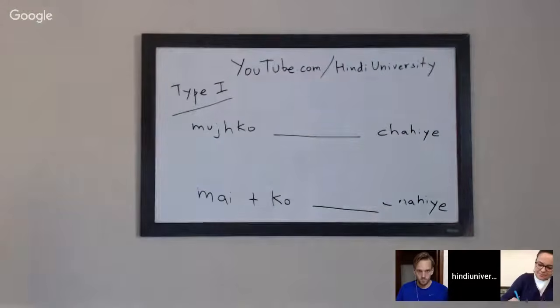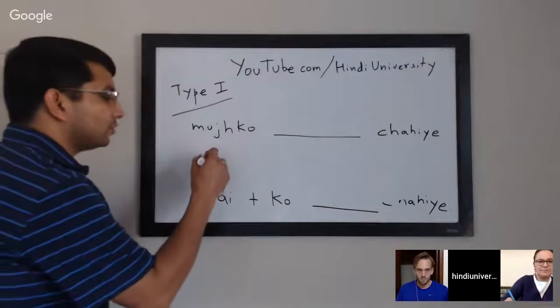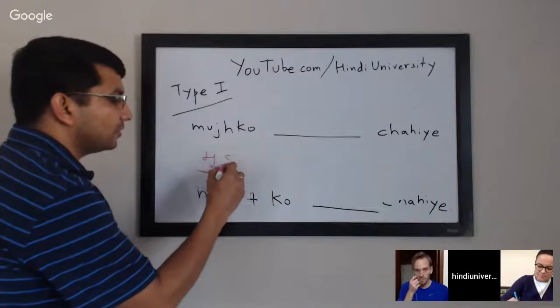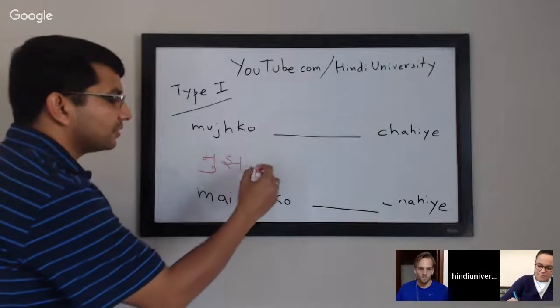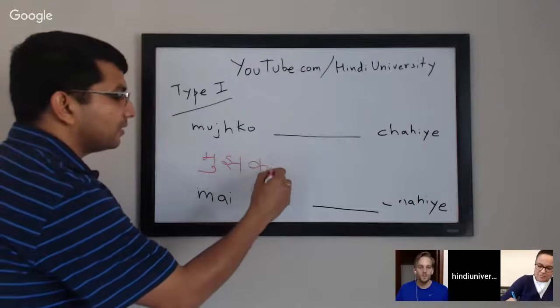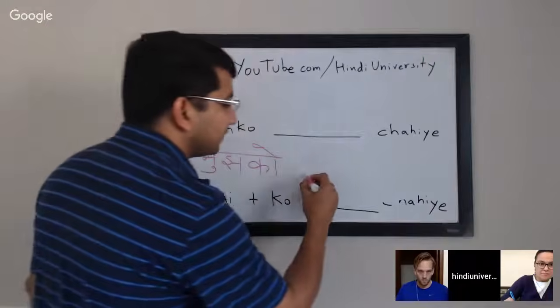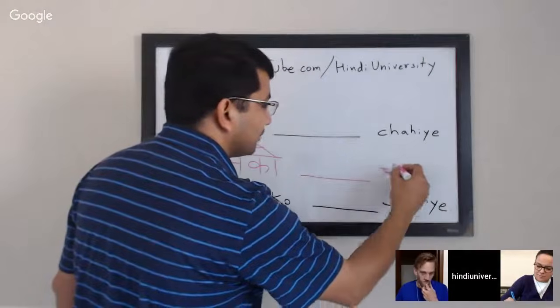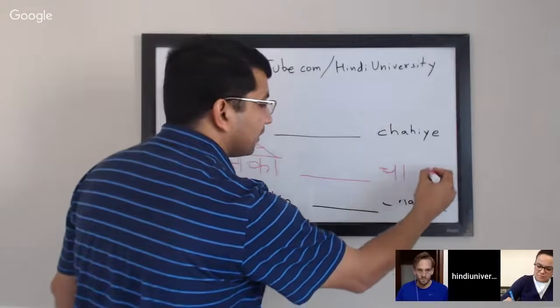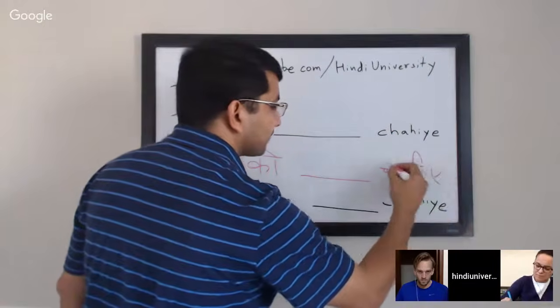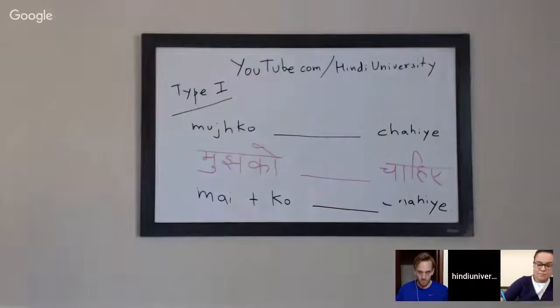For those of you who are interested in Devanagari, you can say mujhko. So you have a ma with u, you have a j, you have a k with o, mujhko, and then you have a ch with a, ha with e, and ye: chahiye. Mujhko, and then you can say chahiye.